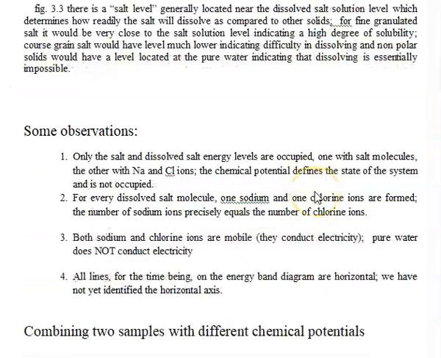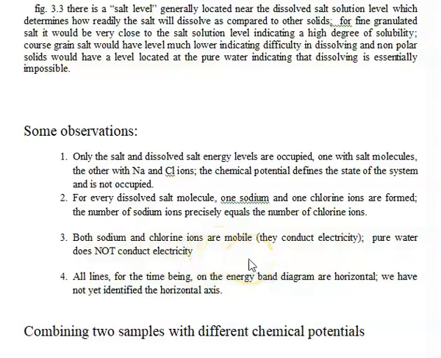That's the first observation. For every dissolved salt molecule, one sodium and one chlorine ion are formed. The number of sodium ions precisely equals the number of chlorine ions. And that makes sense, because you just break them up. We have two mobile ions. Both sodium and chlorine are mobile.